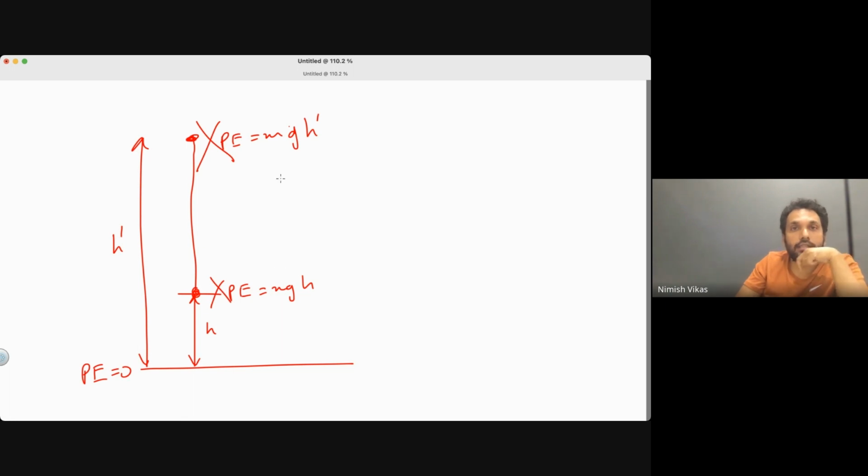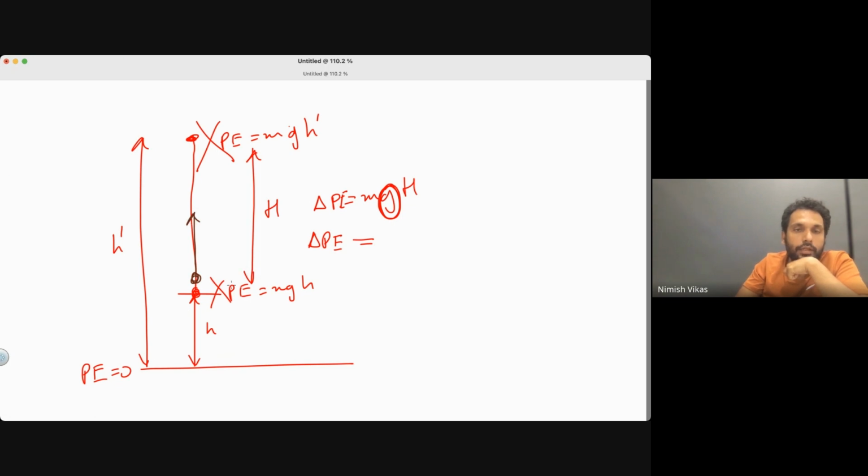We were taking this difference in potential energy from here to there. Suppose it is capital H, then the difference in potential energy was mg into capital H only because g was constant. We were just saying that change of energy is work done. How much work would I do to make the body go up?